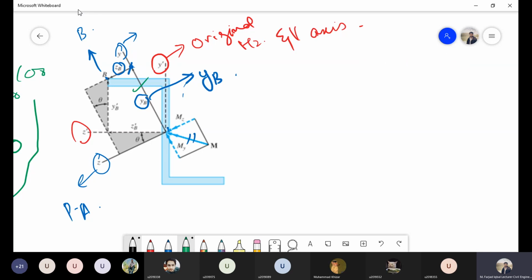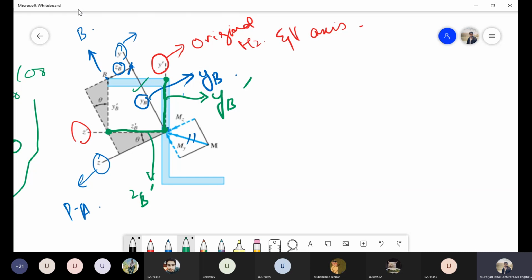For example, let's suppose if it was a symmetrical section, then my y distance would be from this central point to this point B, which is this particular distance, right? This will be my yb dash. And similarly, my z distance, or the distance in the z axis, will be from this central axis to this point B, and this is my zb dash distance.